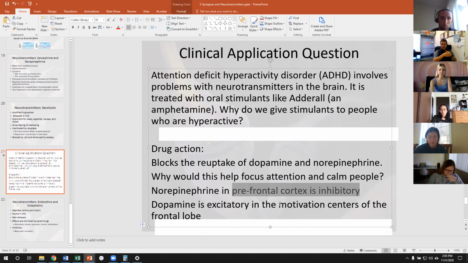And its effects are to inhibit us from acting on certain things, right? We're getting so many stimuli all the time, and our brains have to be able to weed through all those different stimuli and say, no, this is actually the one I want to focus on right now. So we have to be able to inhibit all of those stimuli that are coming in.